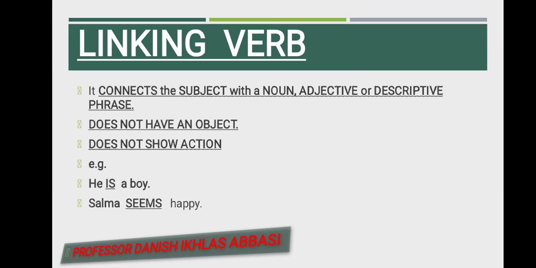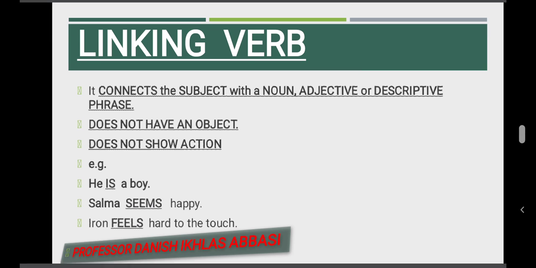And look at the third example. Iron feels hard to the touch. So the word iron has been connected to the phrase hard to the touch through the word feels. So here feels, seems, and is, all three are linking verbs.